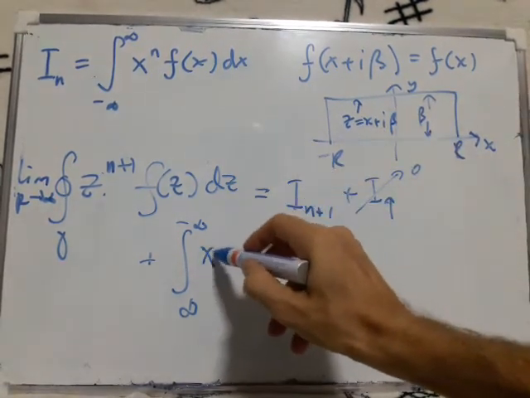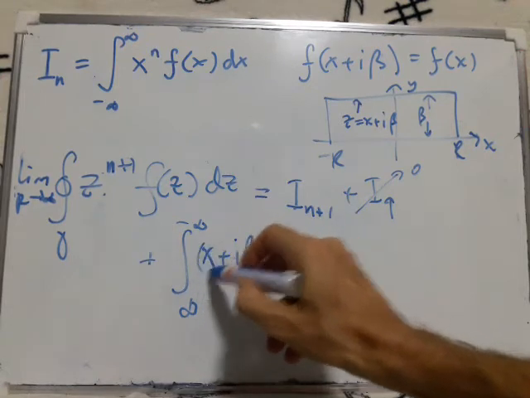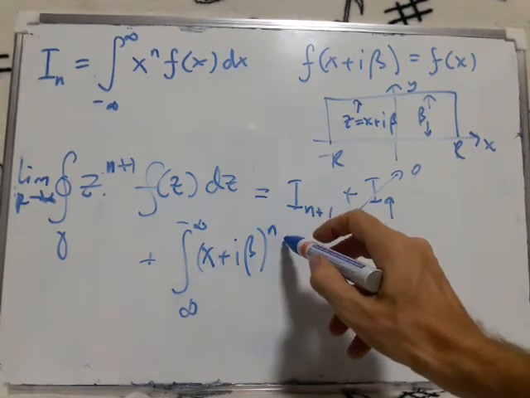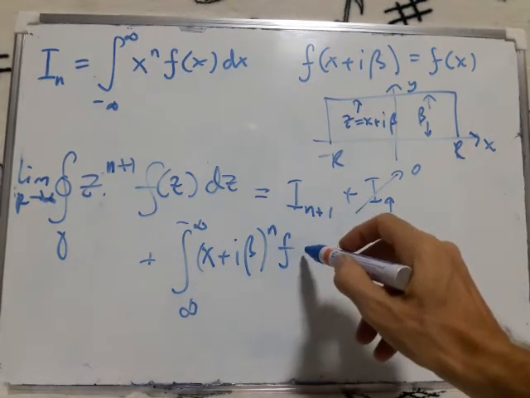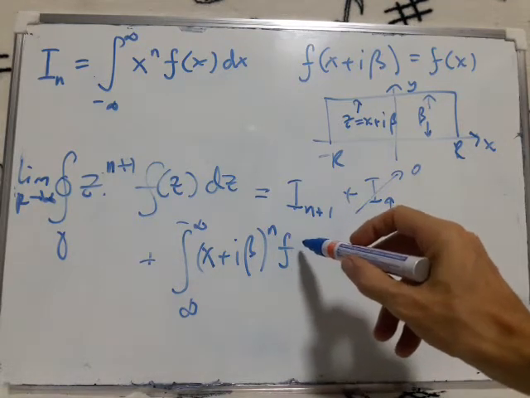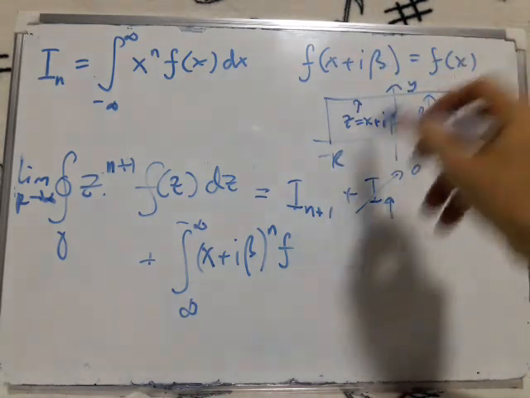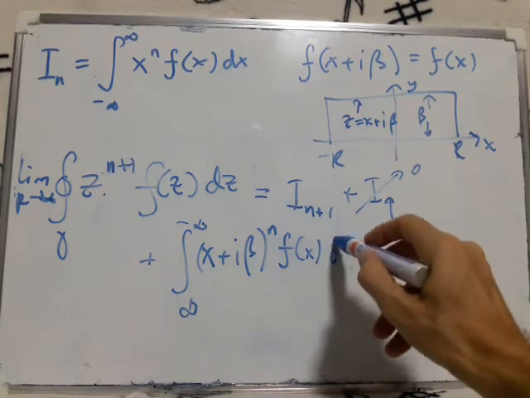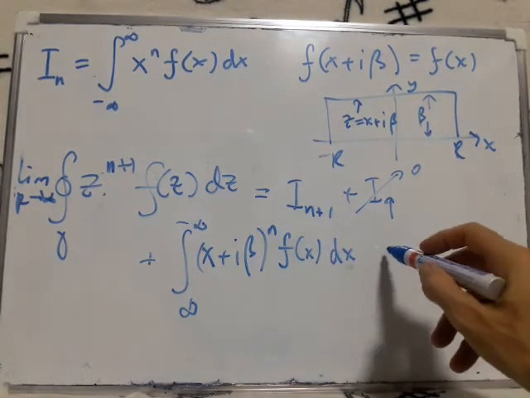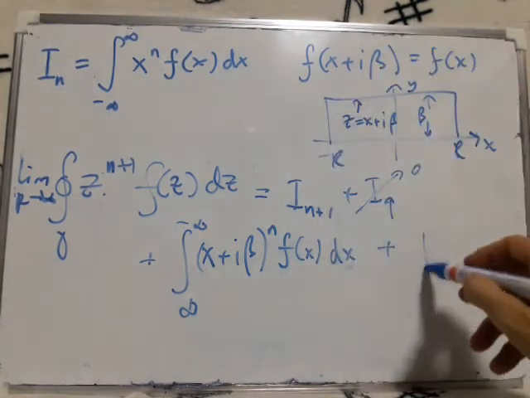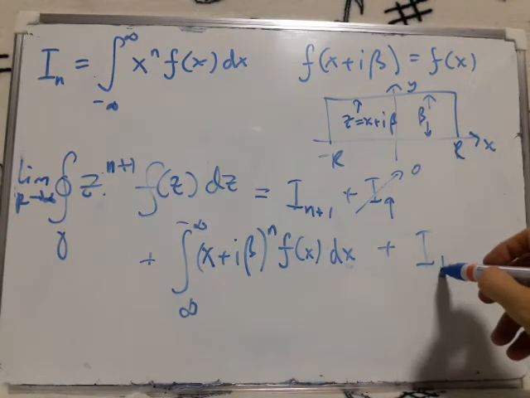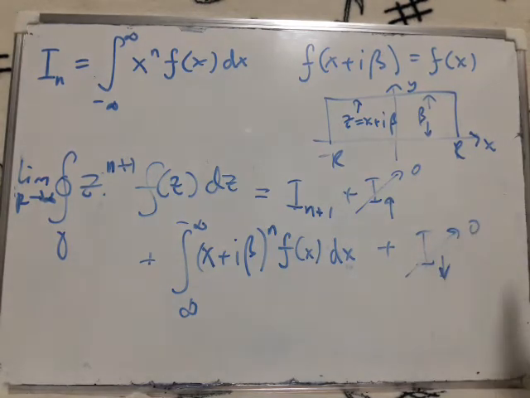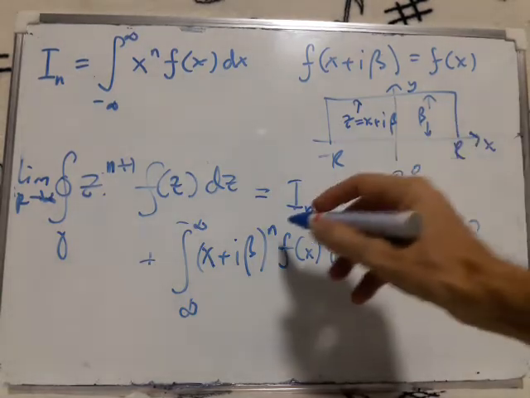So we've got x plus i beta to the n times f of x plus i beta, but f of x plus i beta is itself f of x. Then we've got the integral back down, which again you need to show tends to 0 as r goes to infinity. Okay, so, sorry, it should be n plus 1.